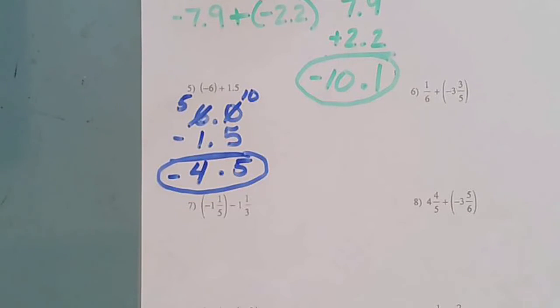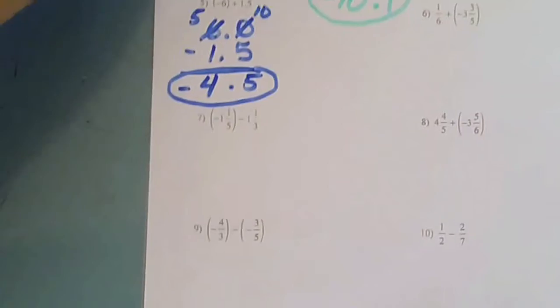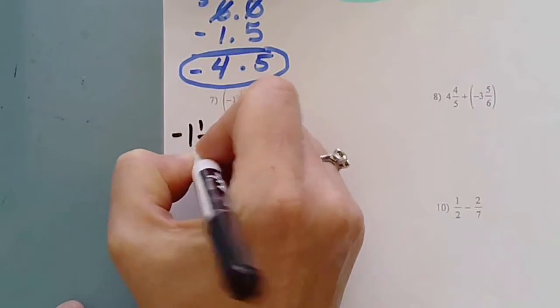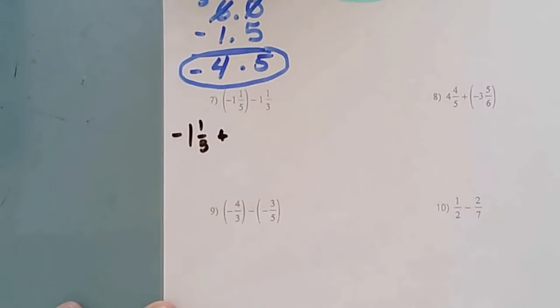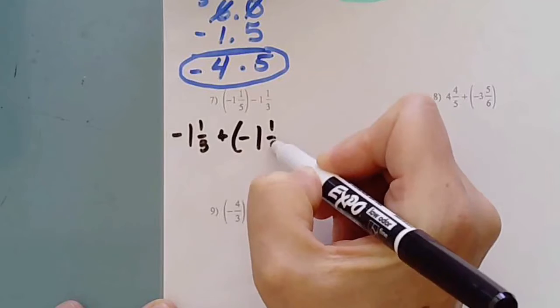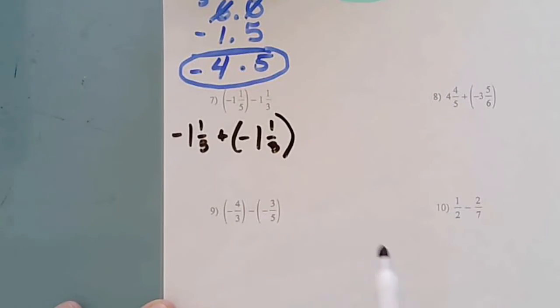So for the next one, we have negative 1 1/5 minus 1 1/3. First thing I need to do is rewrite this as an addition problem like we've been doing all along. So I have negative 1 1/5 plus the opposite of 1 1/3, which is negative 1 1/3. So for this one, my signs are the same.